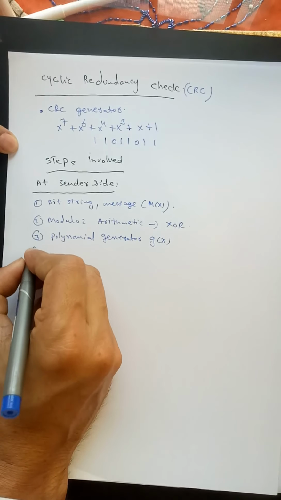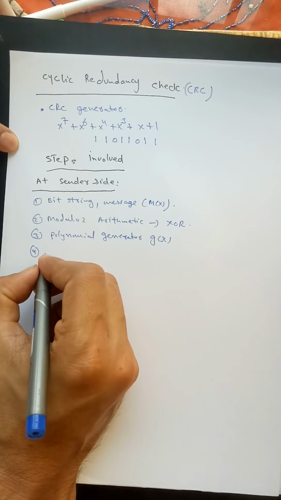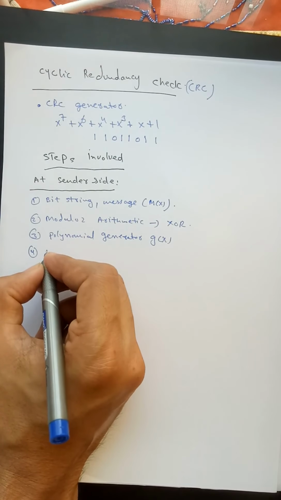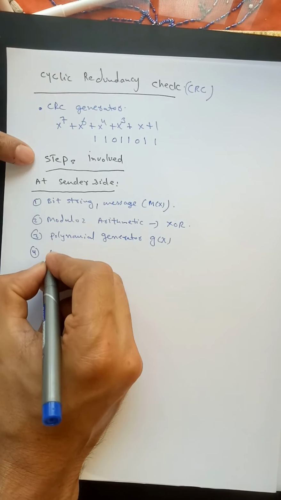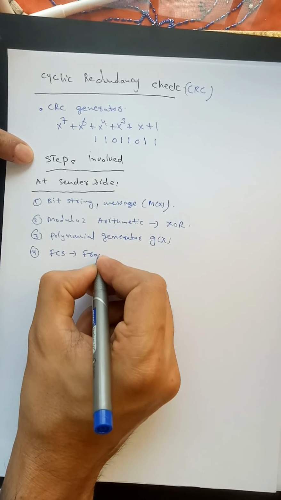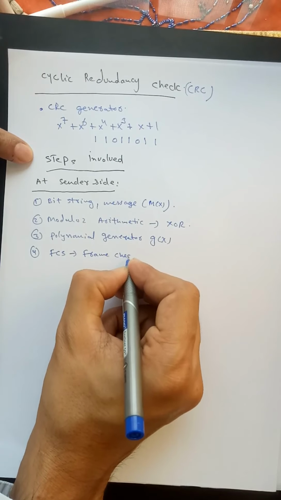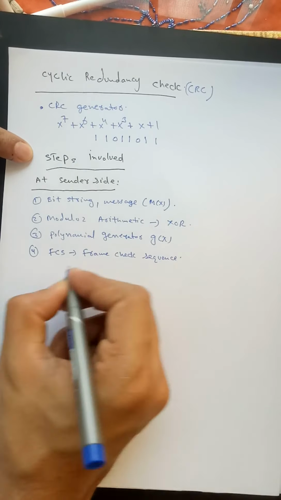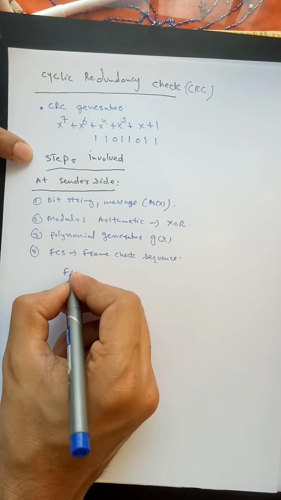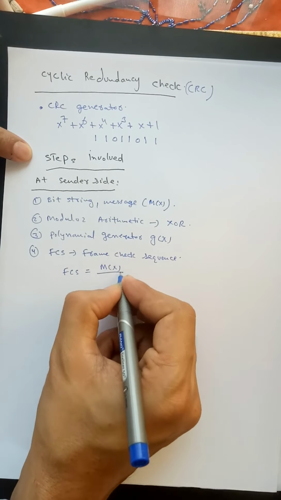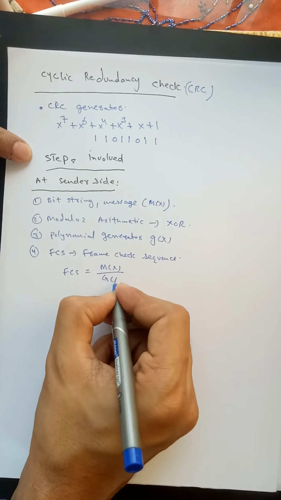Fourth, the sender generates a bit sequence called FCS. This is called the frame check sequence. And how can it calculate FCS? M of x divided by G of x.